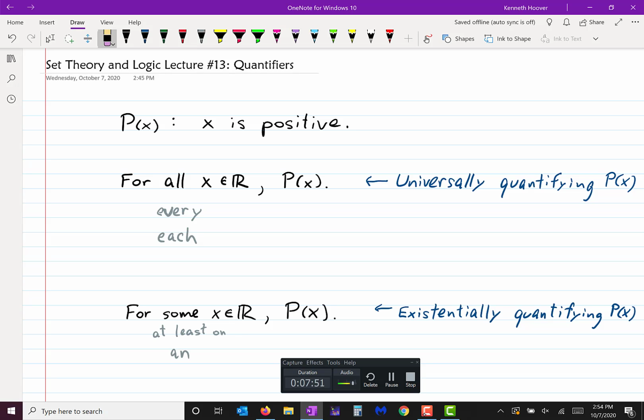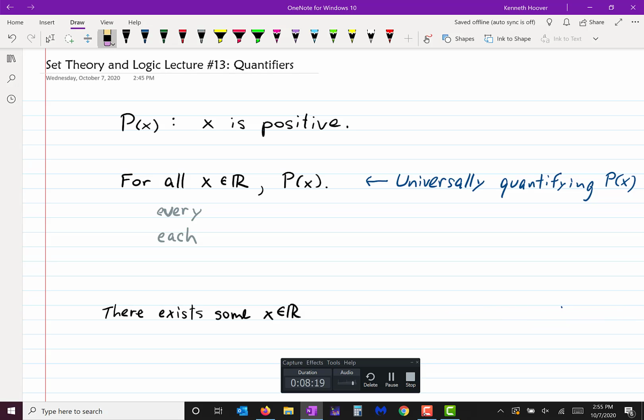So all of those are fine, but here's the normal way. We would normally say there exists some X in the real numbers. I need more room here.